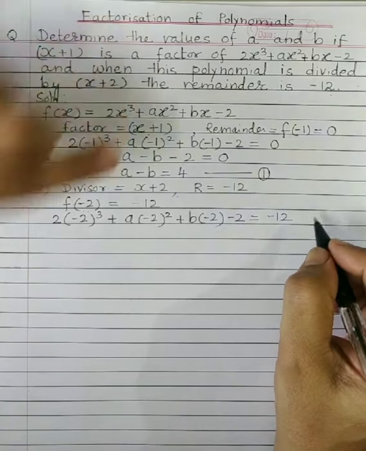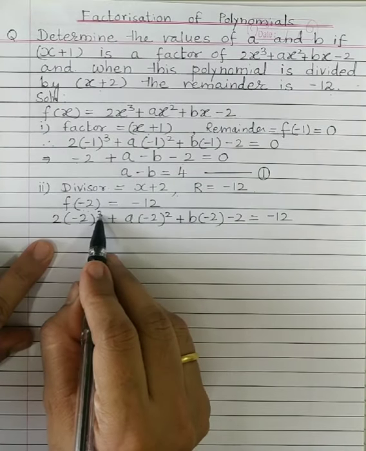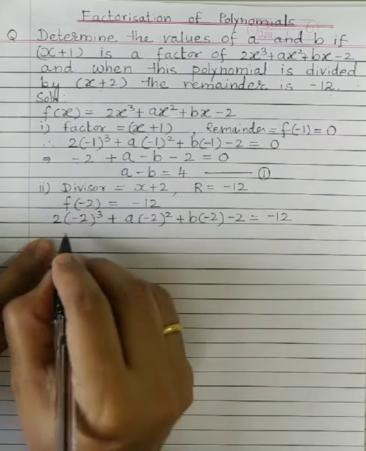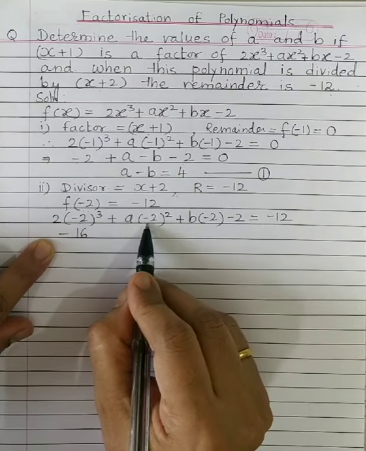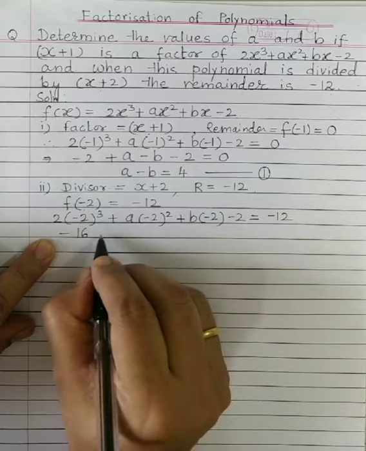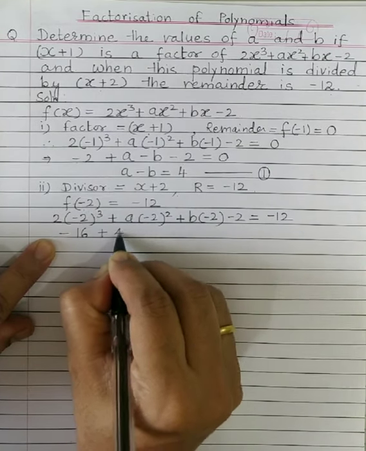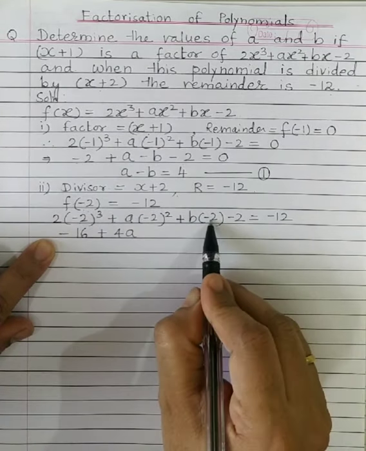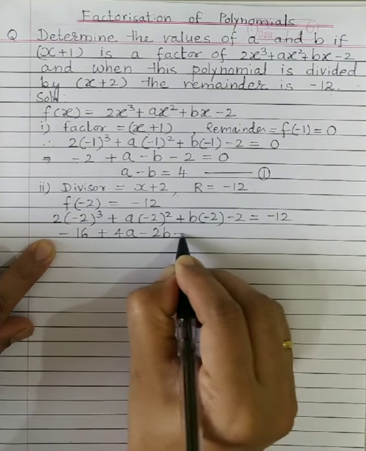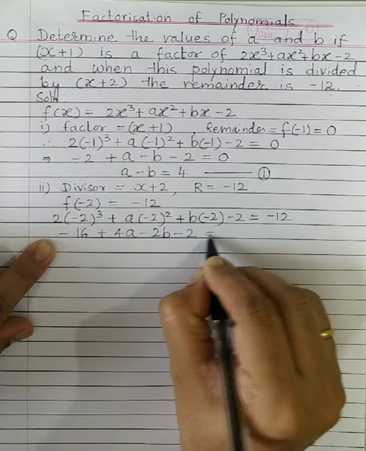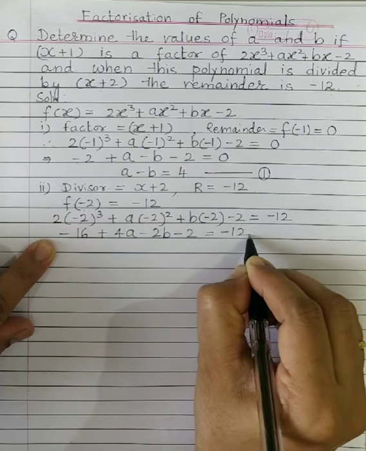It's an equation now. Minus 2 cube is minus 8, and 2 into that is minus 16. Minus 2 square is plus 4, into a, plus 4a. b into minus 2 is minus 2b, minus 2, is equal to minus 12.